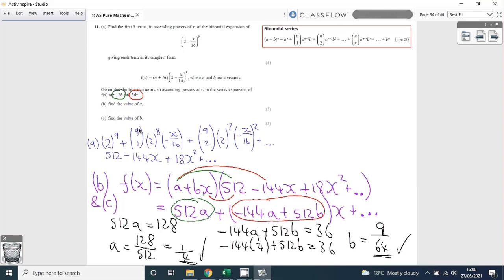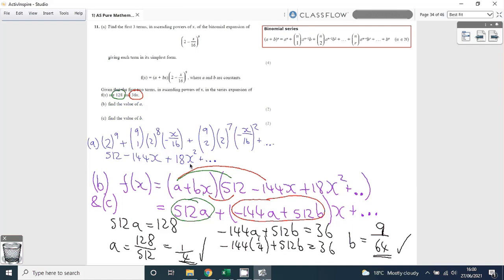Now remember, 9 choose 1 is just 9 over 1, which is 9. 9 choose 2 is 9 times 8 over 1 times 2. So that gives us that. So what does it ask us to do? Find the first 3 terms. So those are our first 3 terms for part A.